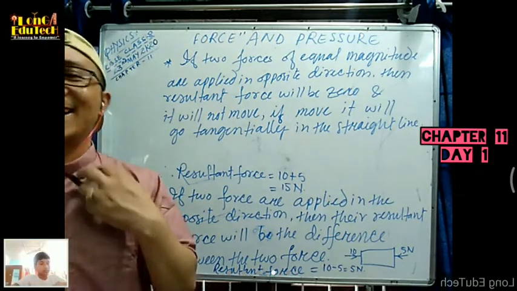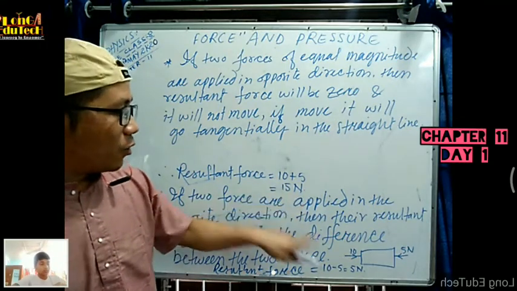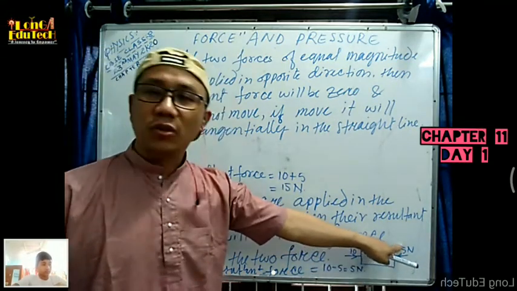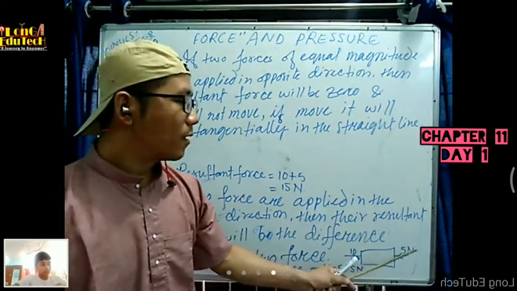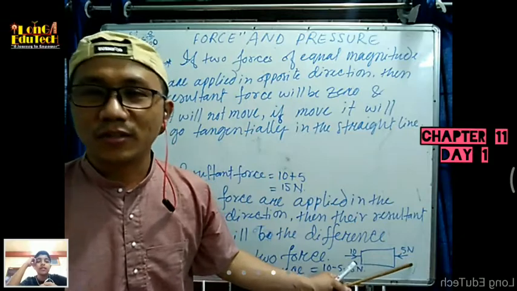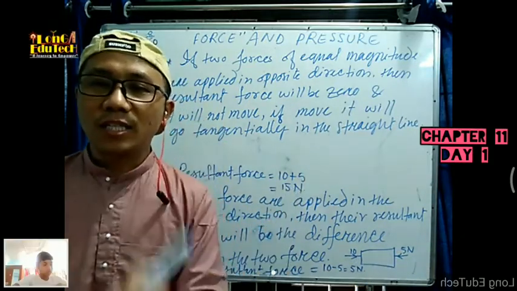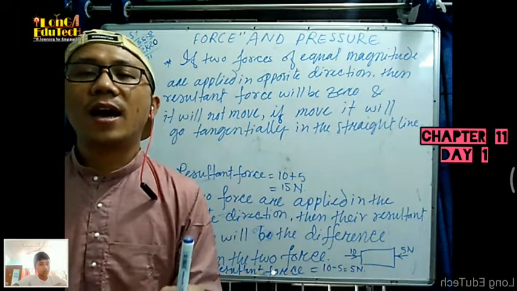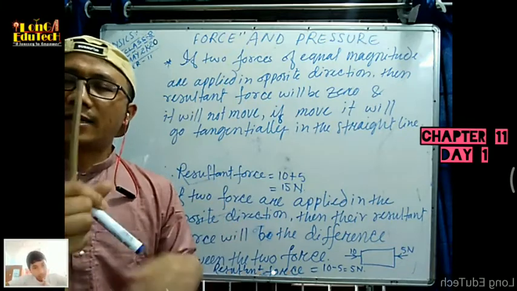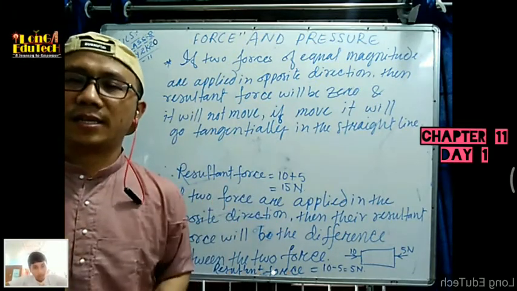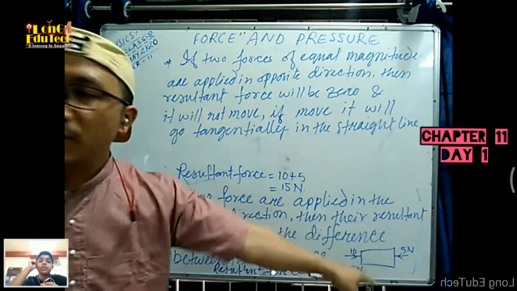Listen. Magnitude means, Alan, you are applying here 5 newton. What is the magnitude of your force now? 5 newton. That is your magnitude. Magnitude is a quantity which describes the amount that it wants to express. For a force, the magnitude will be 5 newton or 10 newton.